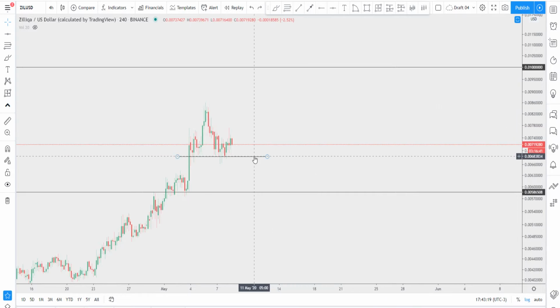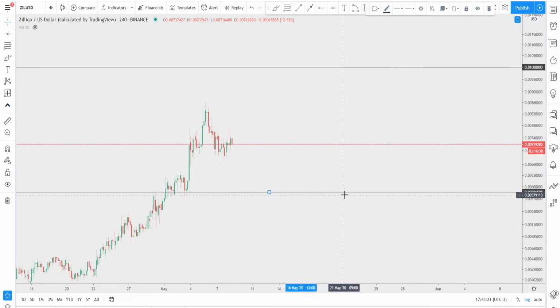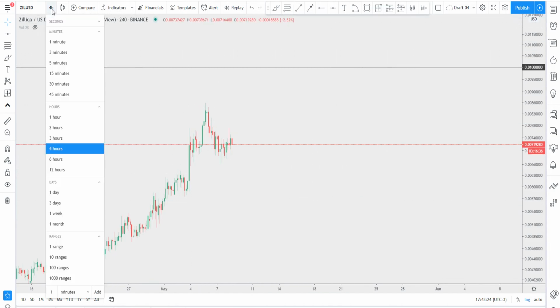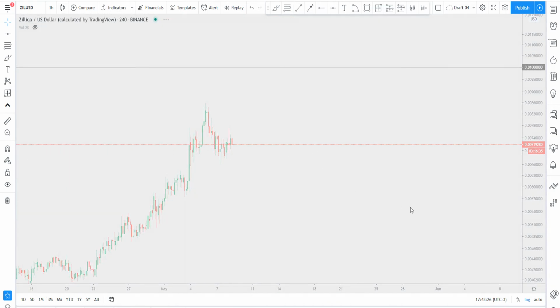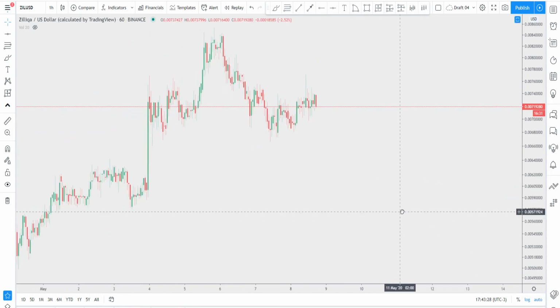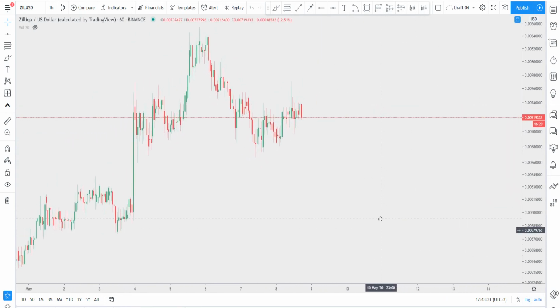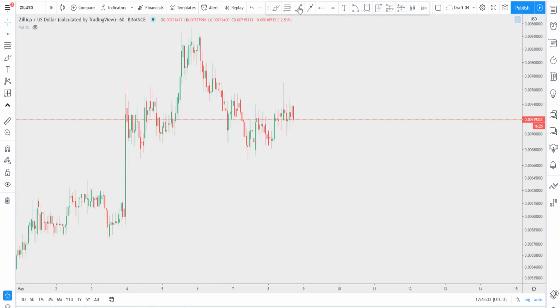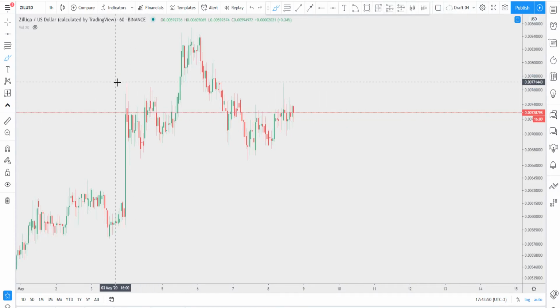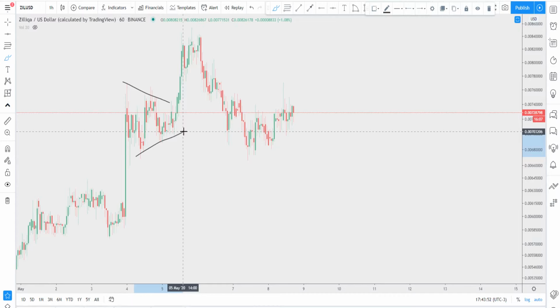Okay, so now let's take another look at the 1 hour. Okay, so here, this structure right here, I saw some people calling for the double top, which was not true, because this guy here is a marginal higher high compared to this one here, which leads us to continuation.